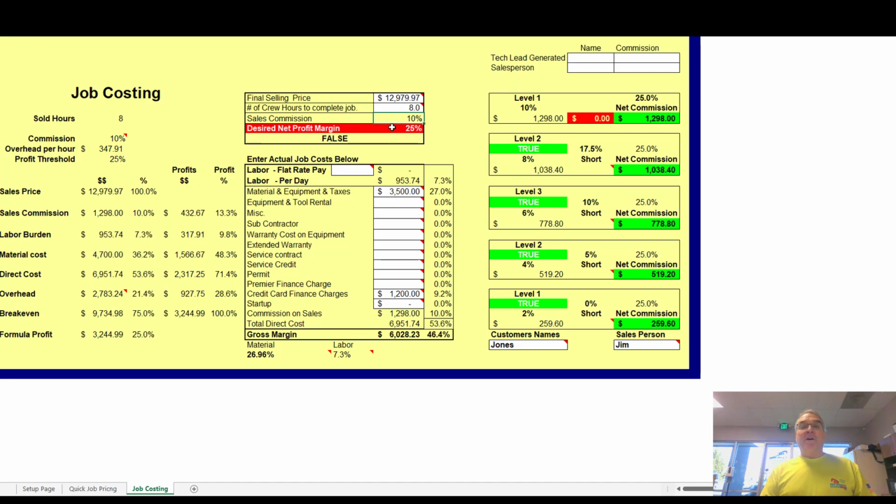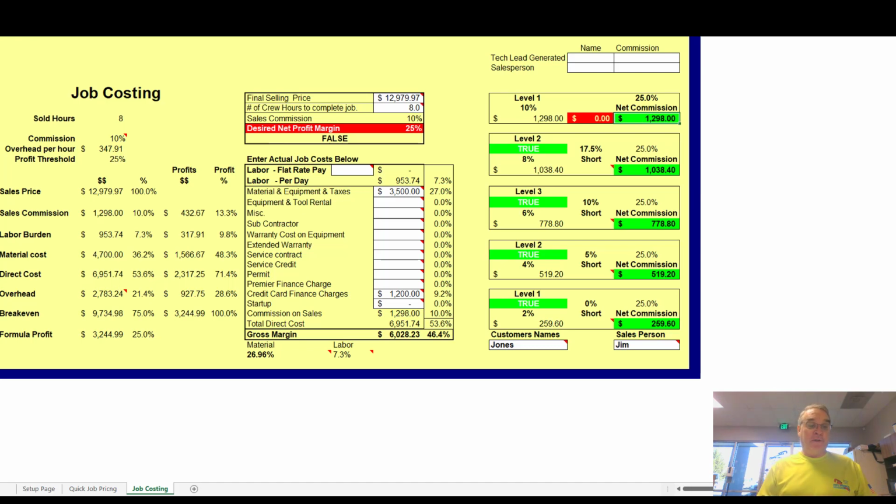So what this also did is if you had 16 hours, look at this. This is the commission over here on level 1 at 10%. So when we're hitting the 25% margin, everything is based on the 25% margin, so you would have earned the $1,298.